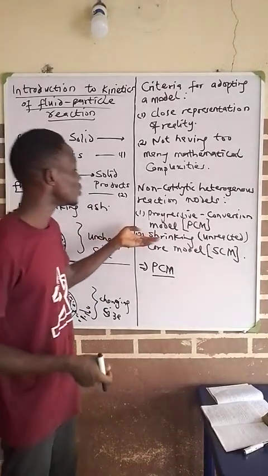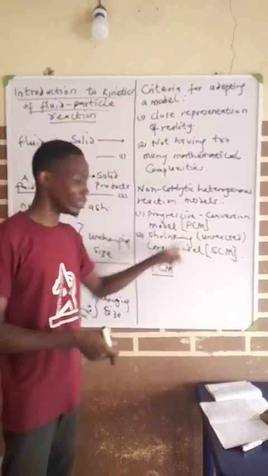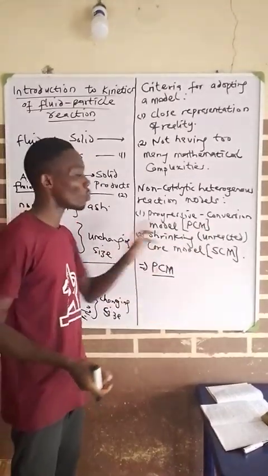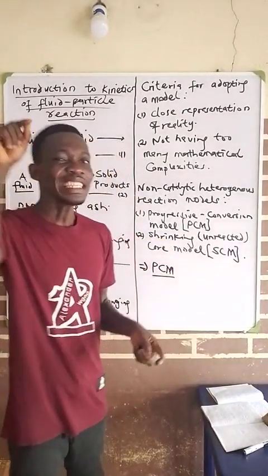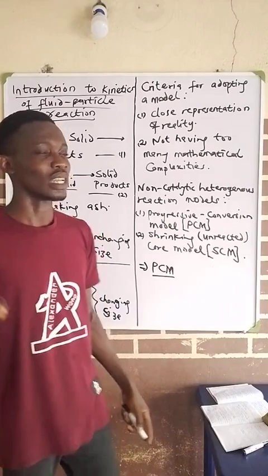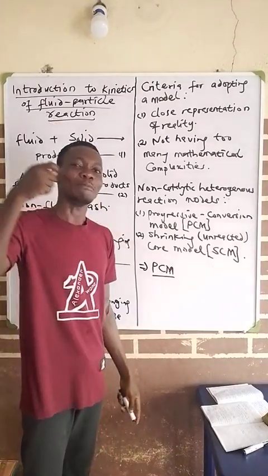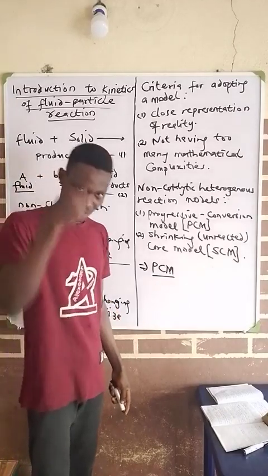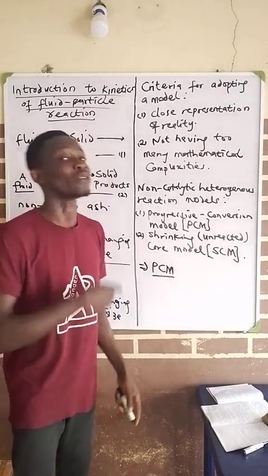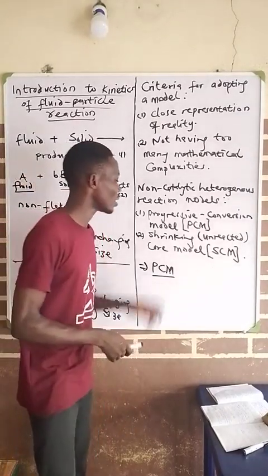Now, when we talk about the shrinking unreacted core model, or simply the shrinking core model, the concept is that at any time during the reaction process there is an unreacted core that keeps shrinking throughout the reaction. I will come again.